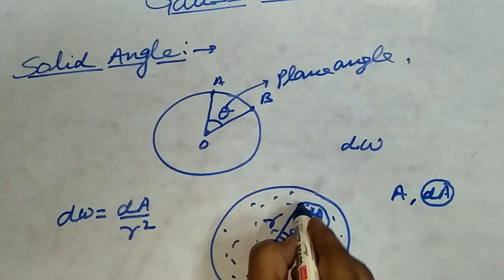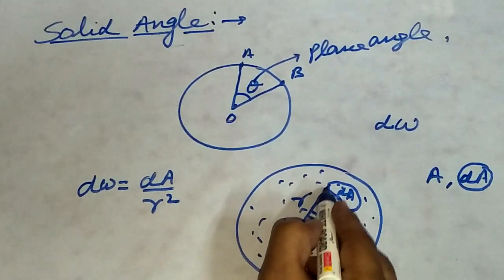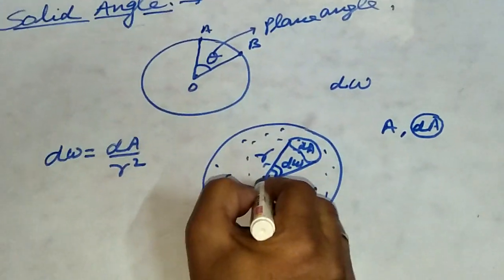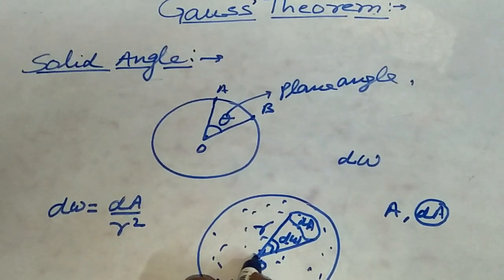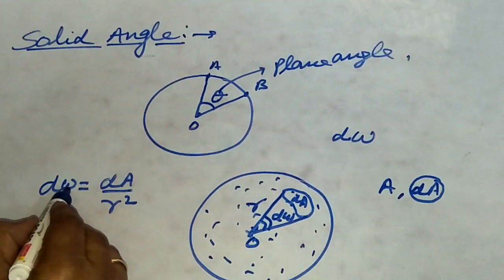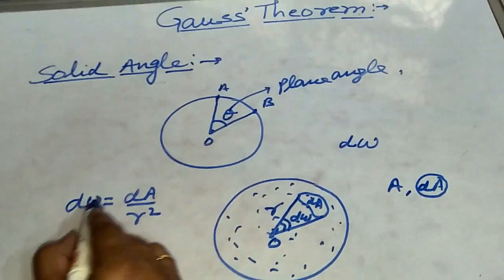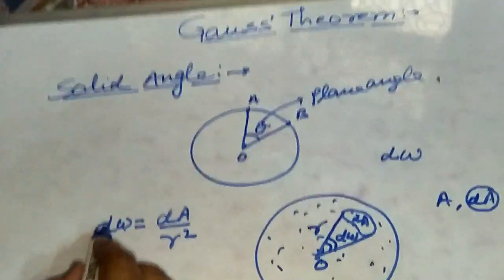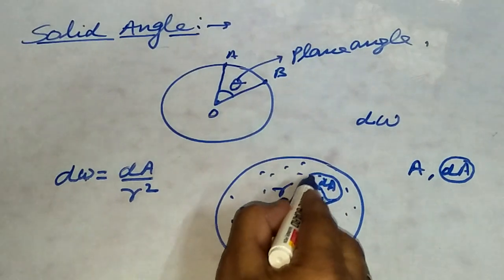Here dA is the small area element of that sphere, r is the radius of the sphere, and d omega is the solid angle subtended by that small area at the center. So by definition, d omega is equal to dA upon r square, the small solid angle due to a small area.